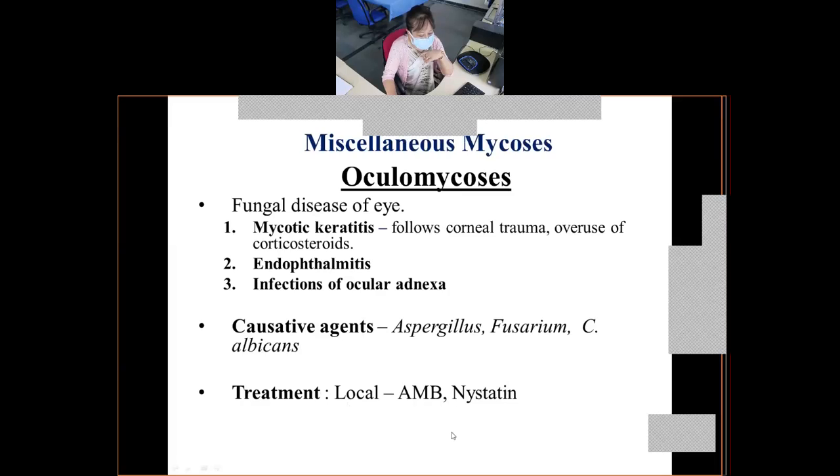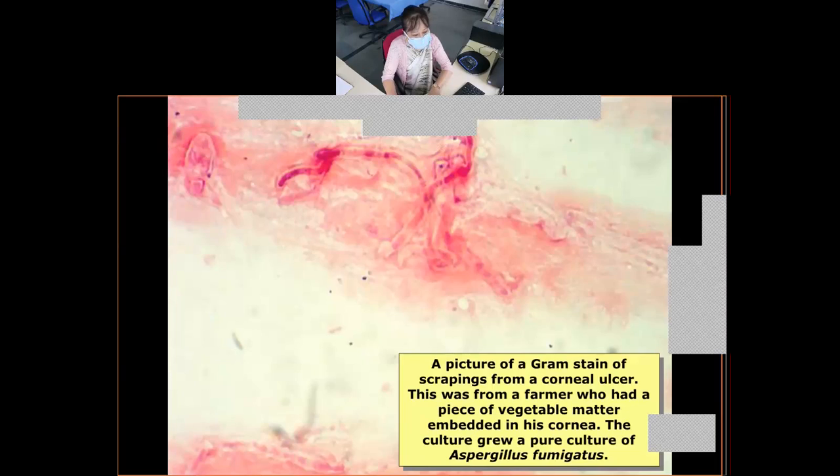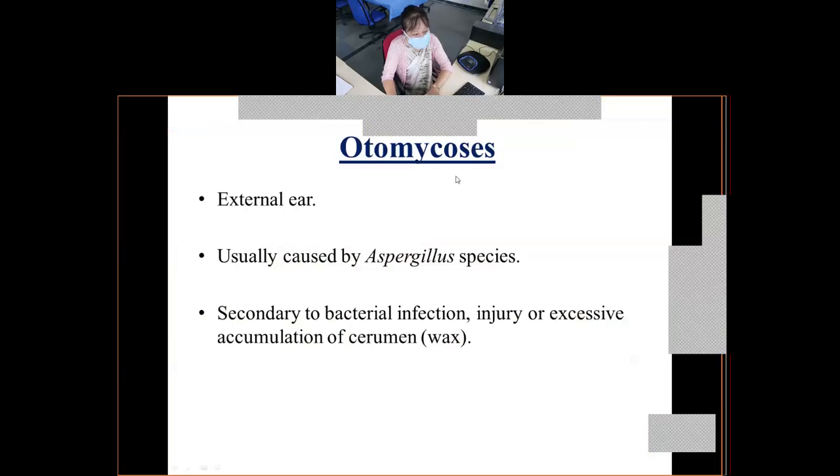Some of the agents which can cause oculomycosis are Aspergillus, Fusarium, or even Candida albicans. Local treatment with amphotericin or nystatin are usually the drugs. So this is what we have observed in a case of corneal ulcer. When we do scraping, this is a picture of Aspergillus which was observed from the corneal scraping.